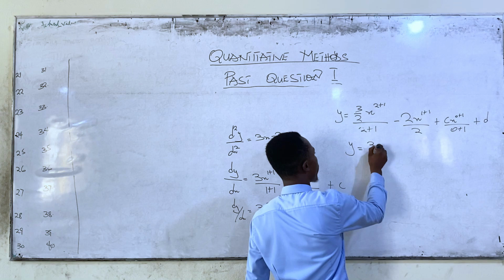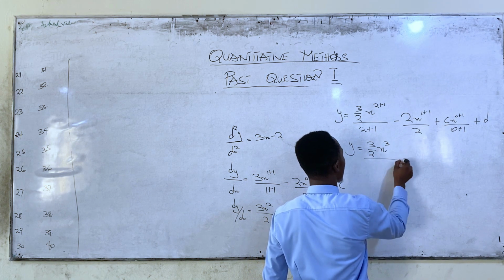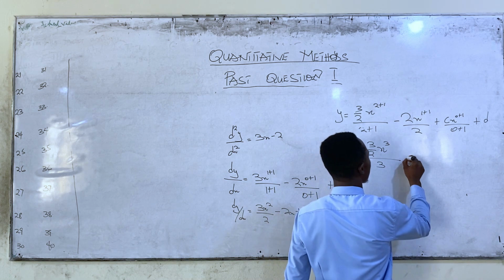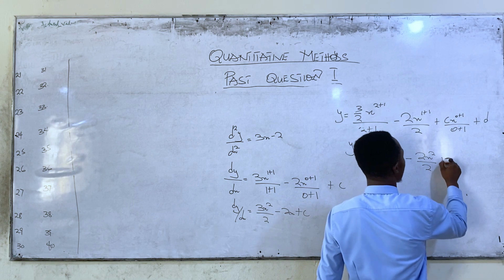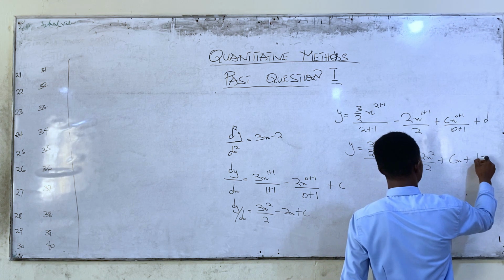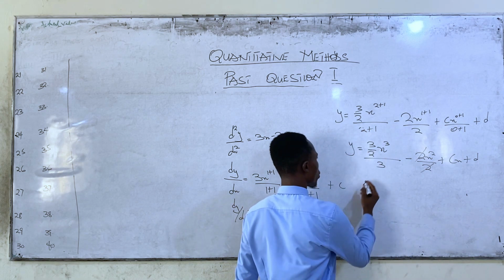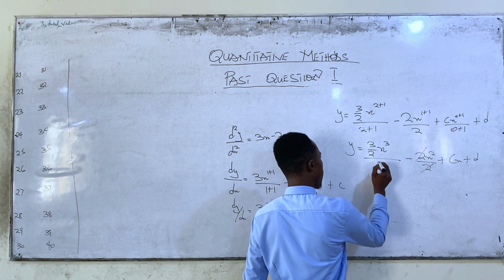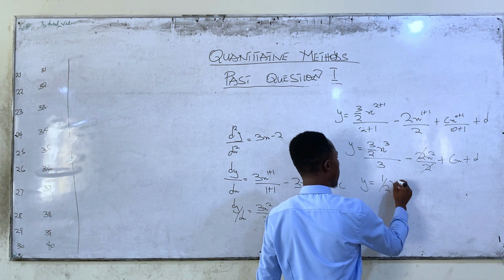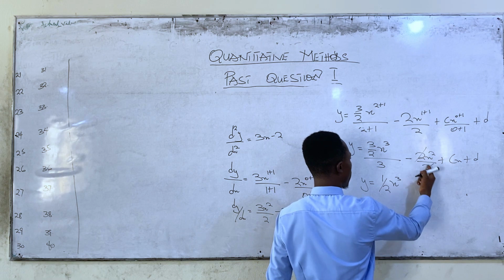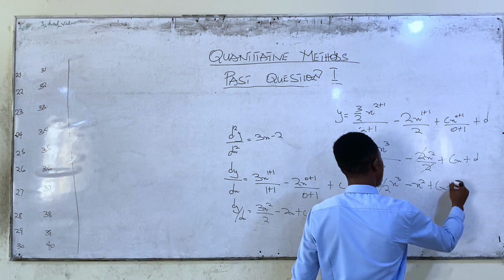So y is equal to 3 on 2 x exponent 3 all over 3, minus 2x squared on 2, plus cx plus d. This one can cancel out this to give you x squared. So 3 on 2 divided by 3 will give you 1 on 2 x cubed. Then this one can cancel out to give you minus x squared plus cx plus d.